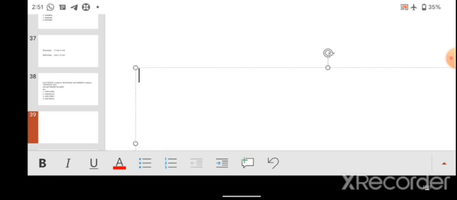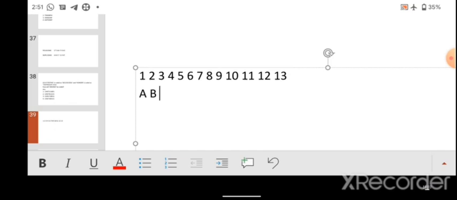So what you can do is write like this: 1, 2, 3, 4, 5, 6, 7, 8, 9, 10, 11, 12, 13.